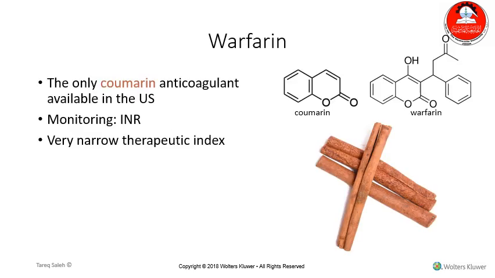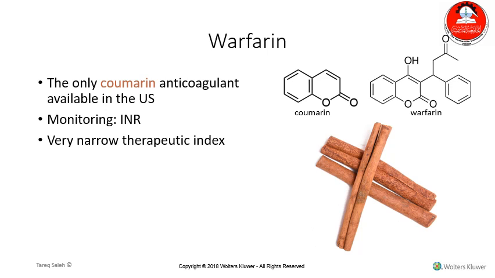So let's start by discussing warfarin. Warfarin is the most important oral anticoagulant drug. It is widely used for the treatment of thromboembolic disorders. You will need to know all the details in regards to warfarin in terms of its mechanism of action, drug-drug interactions, pharmacokinetics, adverse effects, and how we can treat warfarin toxicity.